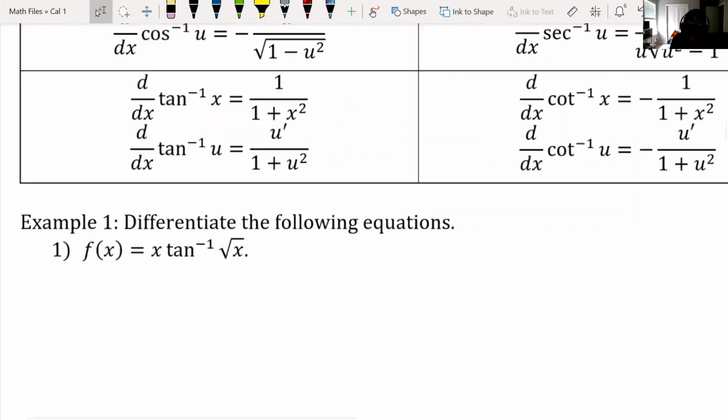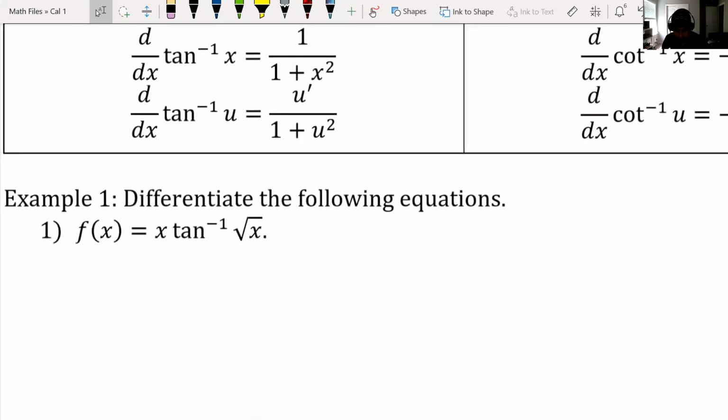So here we go. Start off with number 1. Differentiate the following equations. Here you have x times the inverse tangent of the square root of x, which means this is going to use product rule.